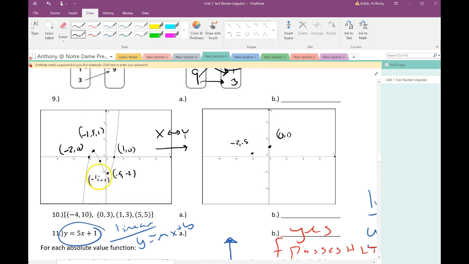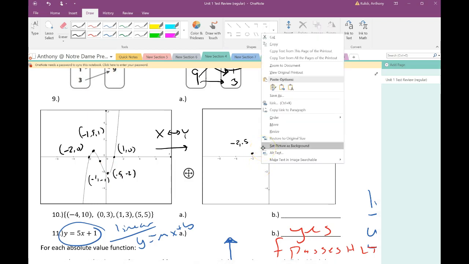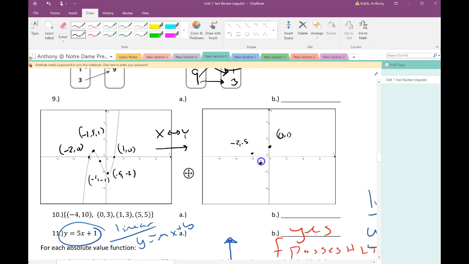And then instead of -1, -1, I'm still graphing -1, -1. And then instead of -1.5, 1, I'm graphing 1, -1.5. So maybe there. And then I'm graphing finally 0, -2, so like right there.